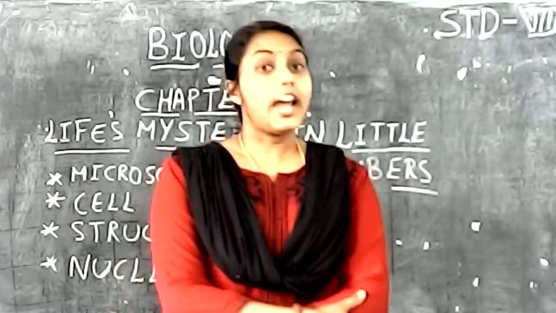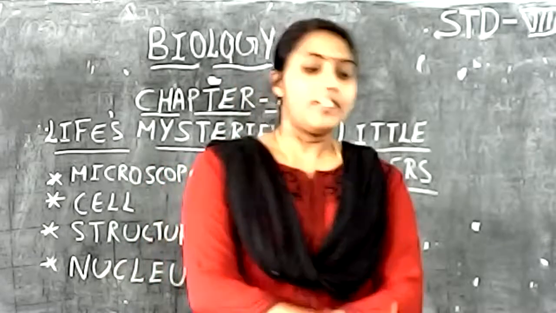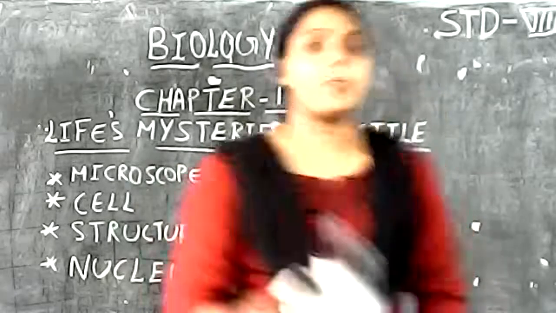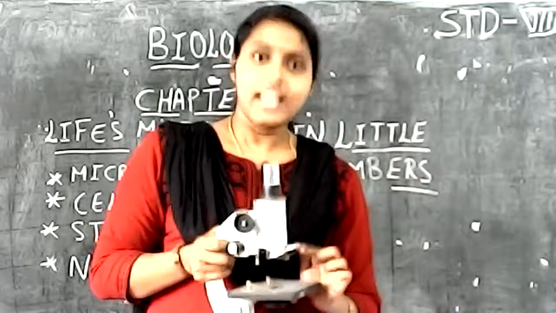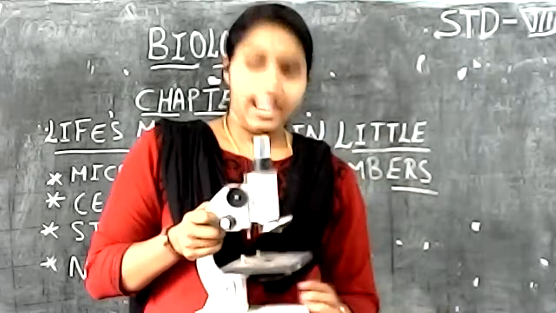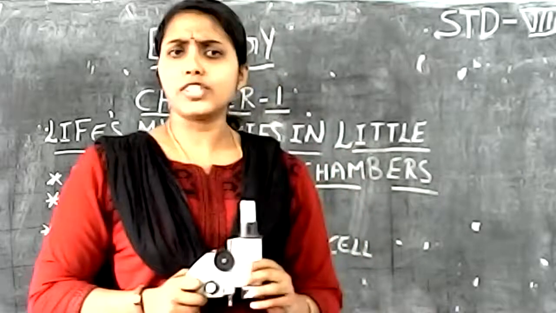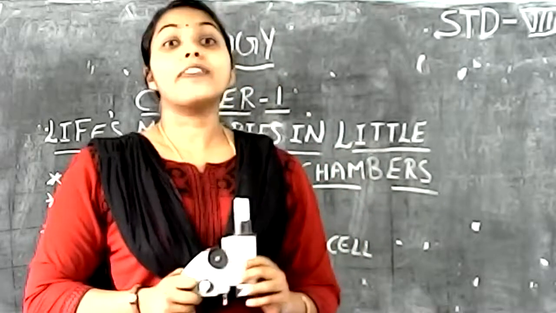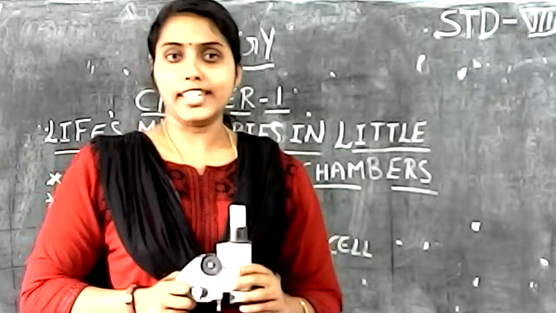And what are the parts of the microscope we have observed? The eyepiece lens, objective lens, stage and clip, condenser and mirror. These are the parts of the microscope, and we have studied the functions of each part.